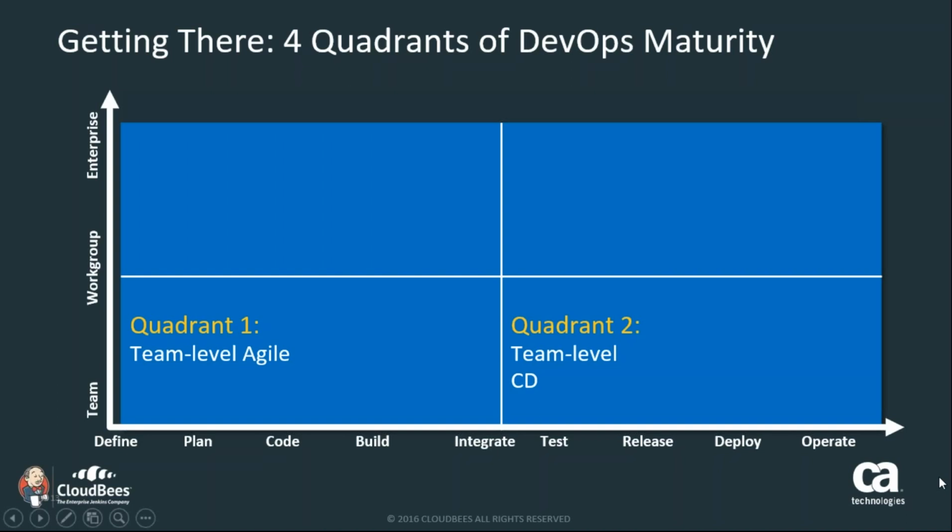That is Quadrant 2. So when a team is taking that CI, they're starting to do deployment practices, they're getting information from production, they're listening to the ops teams, pulling data from the CA solutions, and bringing that back into the loop.